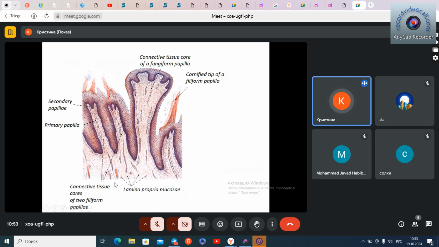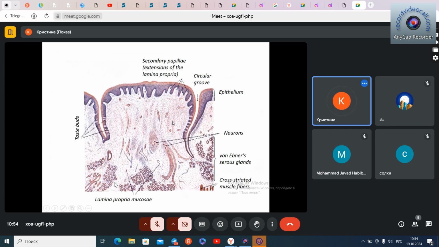They have the primary papilla and secondary papillae, and in secondary papillae here it's loose fibrous connective tissue rich in blood capillaries, and here blood capillaries come very close to the surface of these papillae, and this makes the pink or red color of them, and we can see them if we look at our tongue in the mirror. In the filiform papilla, we have the partly keratinized epithelium.